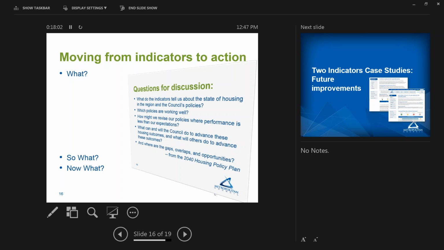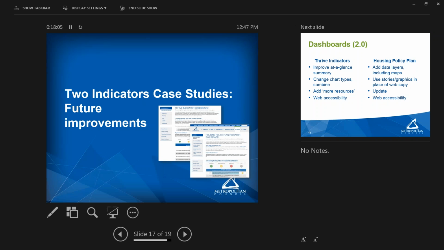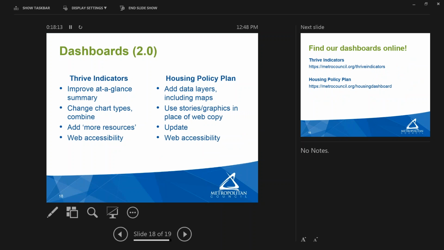And so that's one of the next focuses. And that leads to our final piece, how the dashboards themselves will get us there. As I said earlier, part of being brave in publishing the dashboards and embracing an iterative approach is just listening to the feedback about what's working and what's not working. And so we have a little bit of that.